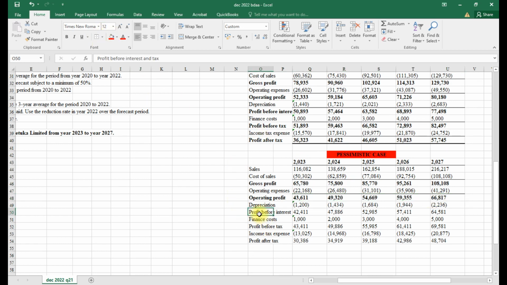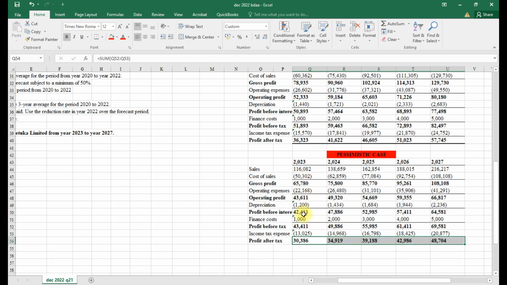Profit before tax, bold, in this area you bold this, and again use top border, and the same case for profit before tax, you bold that and use a top border. The last one is profit after tax, and you bold this, you use top and bottom border.